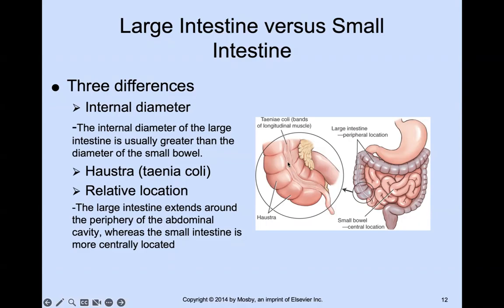So this is the taeniae coli. It's going to go across all throughout the large intestine. So that's going to create these pouches, kind of like an accordion. Okay. So again, the bands of longitudinal muscle are called the taeniae coli, which are going to help create these pouches, which are called haustra.